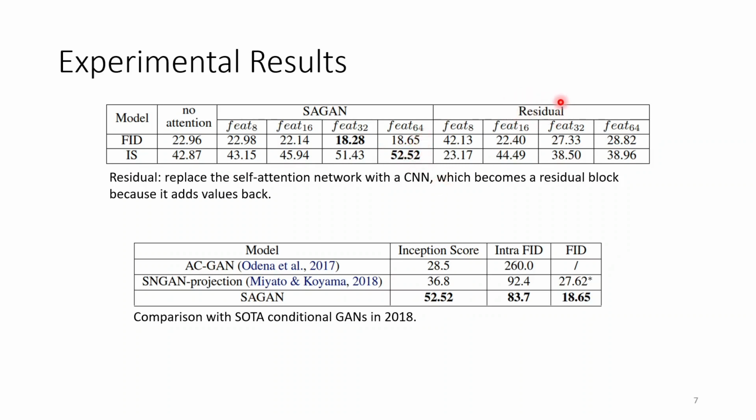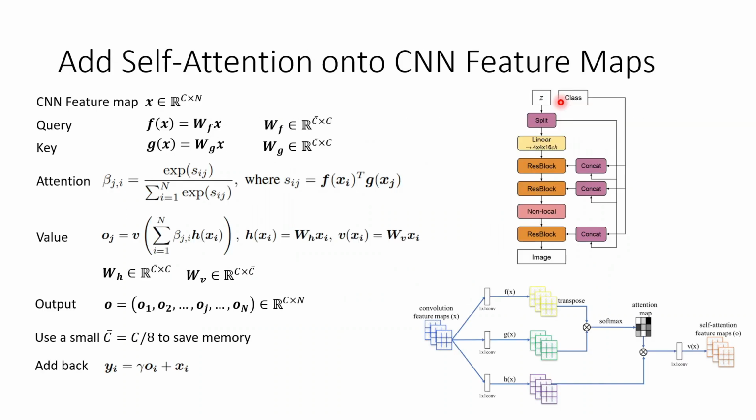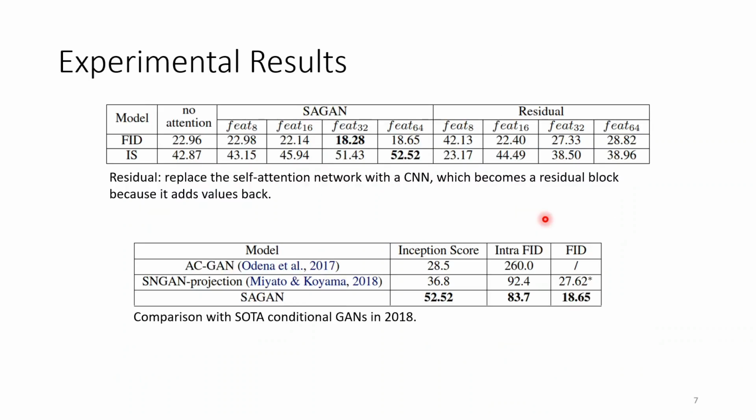The residue means if they replace, okay, let's take it back to here. Here is the self-attention layer. If they replace the self-attention layer with a convolutional neural network, then because the value will add back to its feature map, it is equivalent to a residue block.